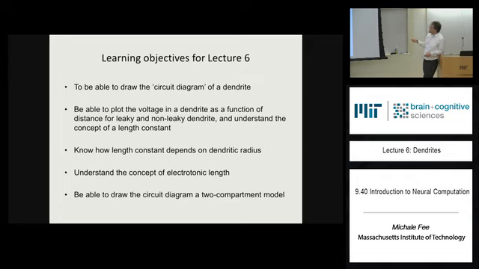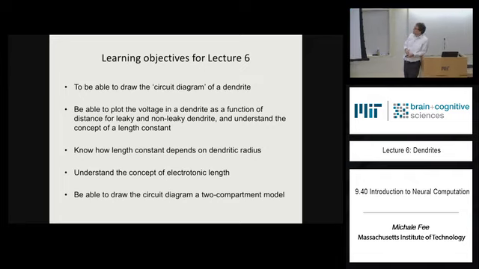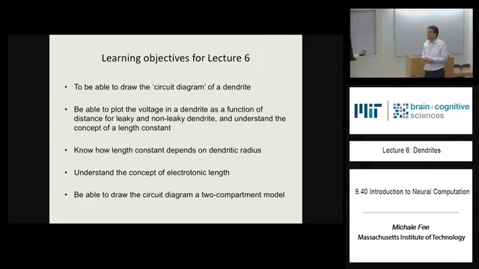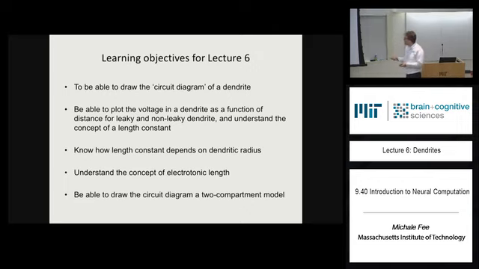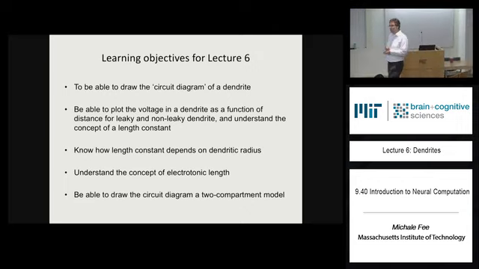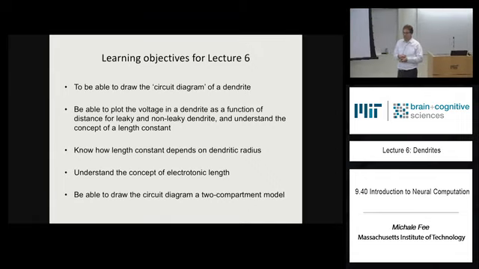Know how the length constant depends on dendritic radius. You should understand the idea of an electrotonic length and be able to say how much a signal will decay for a dendrite of a given electrotonic length, and be able to draw the circuit diagram of a two-compartment model. And we're going to spend more time on that on Thursday. Okay.